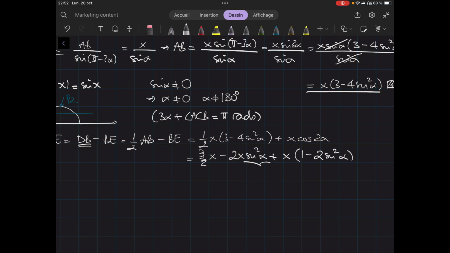That wouldn't work. What would work? Oh, there should be a minus sign. So now the 2x sine squared alpha will cancel out, and you're down with this guy, or x divided by 2. Very convenient.